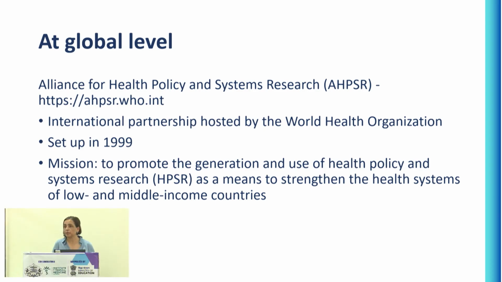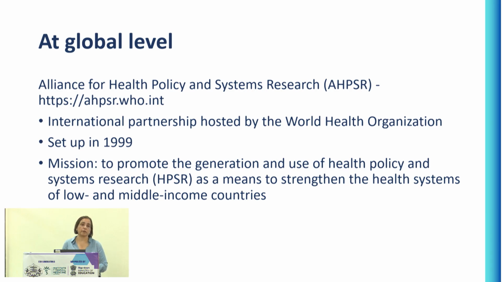One that we've mentioned yesterday already is the Alliance for Health Policy and Systems Research, which was set up in 1999 and hosted at WHO. And although they're not explicitly a research priority setting agency, because of their importance in the field of health policy and systems research, they tend to set the tone.